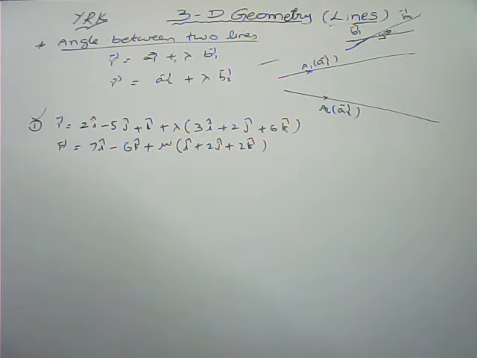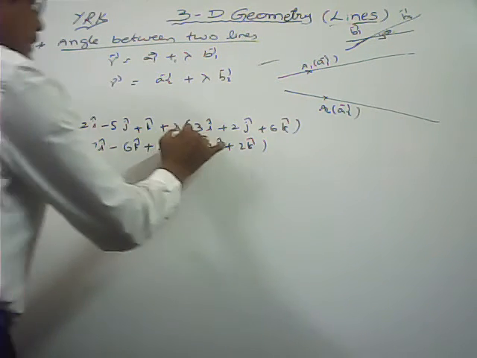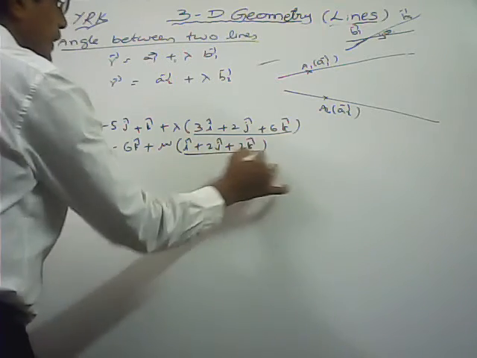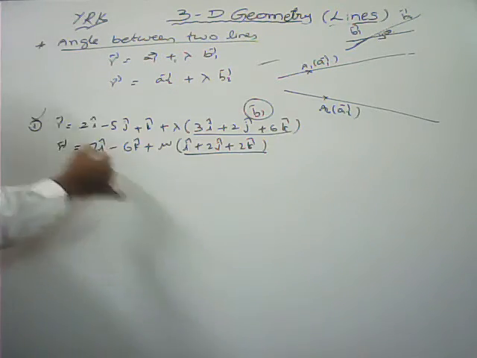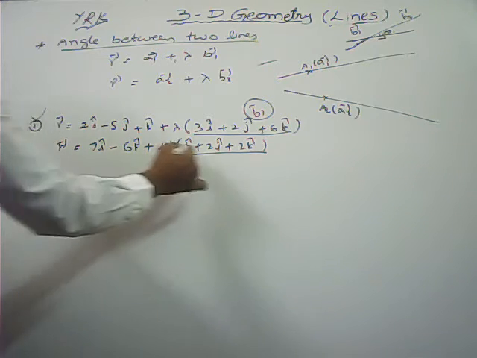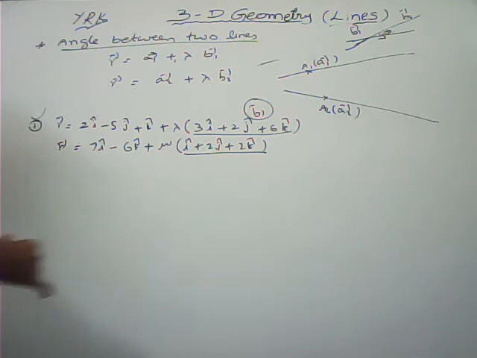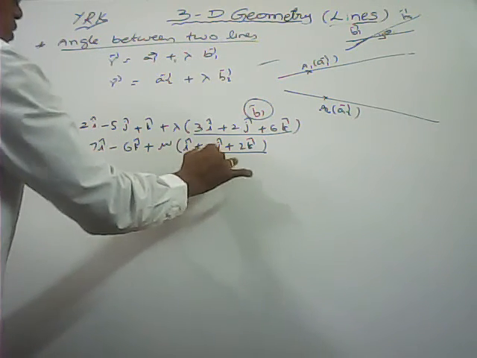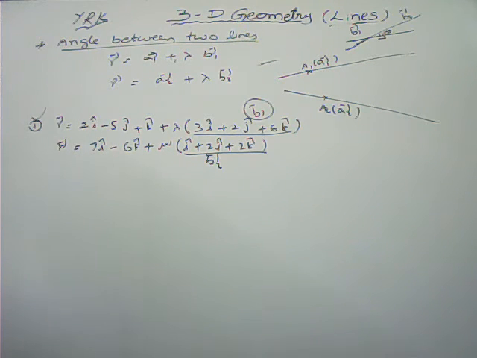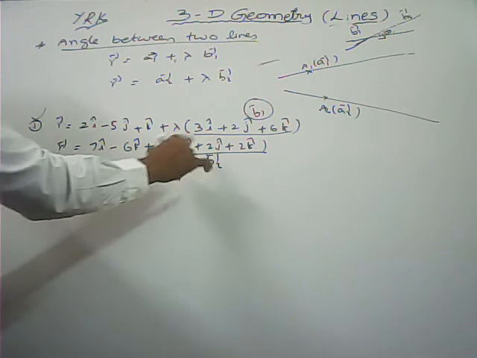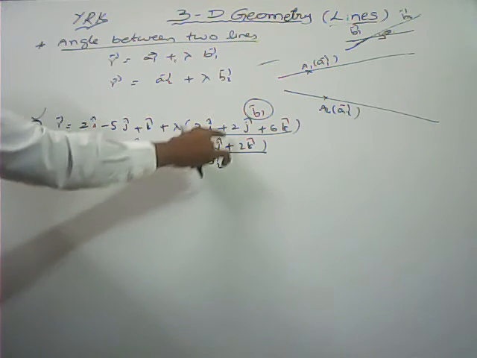Whether the symmetric form or the vector form is given, first find the parallel DRs of both the lines. This one I am taking b1 bar. These are the parallel DRs of the given line, and these are the parallel DRs of the second line. This one I am taking b2 bar. So find the angle between these two lines. The angle between these two lines is nothing but the angle between their parallel DRs.